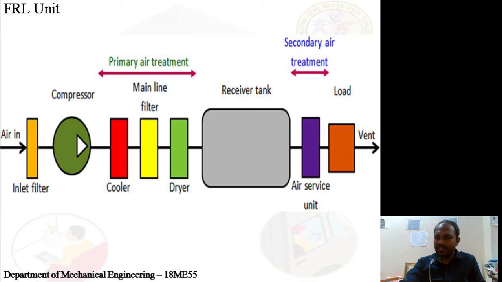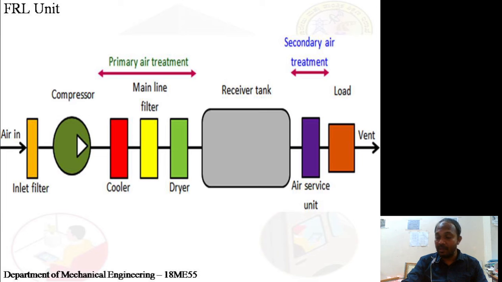After the receiver tank, the air going to the load or actuator is always followed by the regulator, where based on the requirement, the load and the demand, the regulator will operate the pressure of the air entering the load or actuator. Before this, there will be the secondary air treatment.